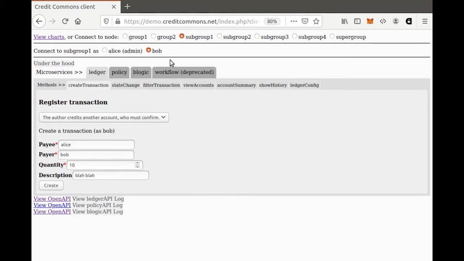First of all, understand that the client can only connect to one node at a time, and then you can choose a user to connect to that node as.